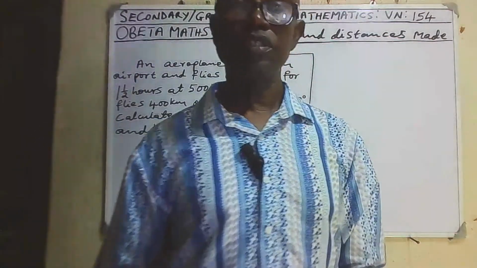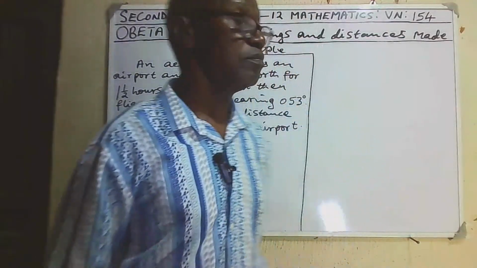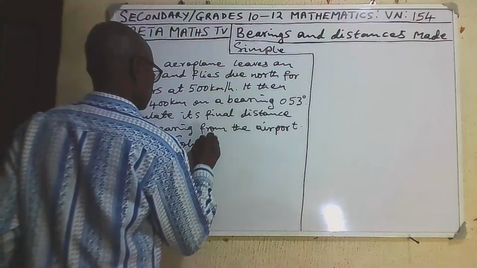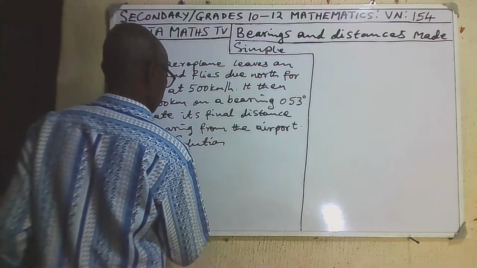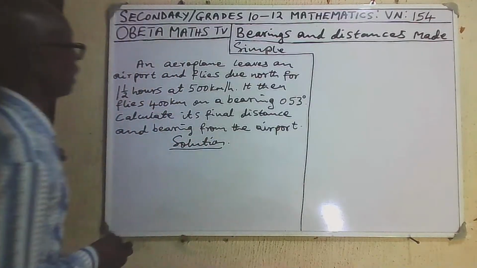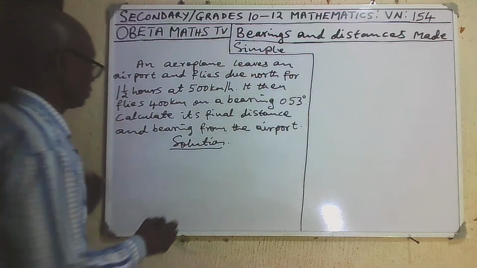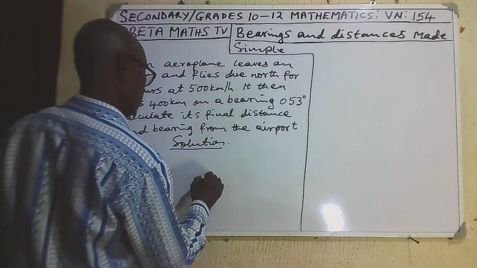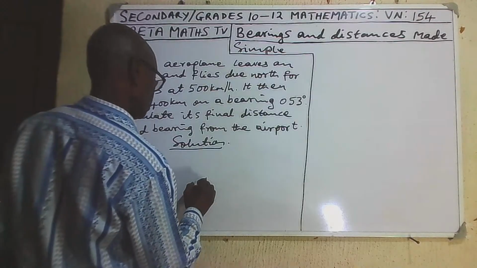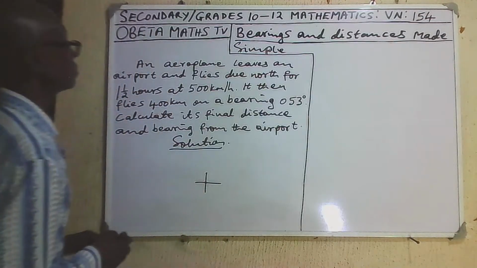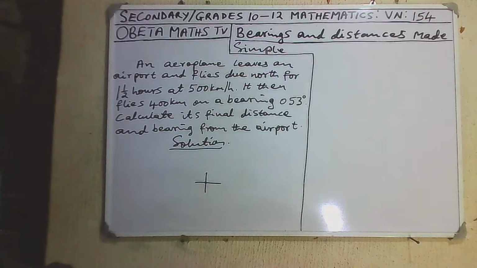So, as usual, we start by drawing the diagram. Solution. Now I'm checking from the question, an aeroplane leaves an airport. So let's take this, and fly due north.